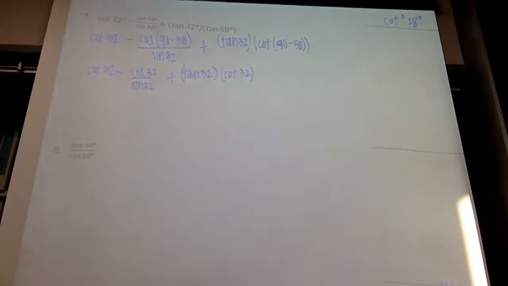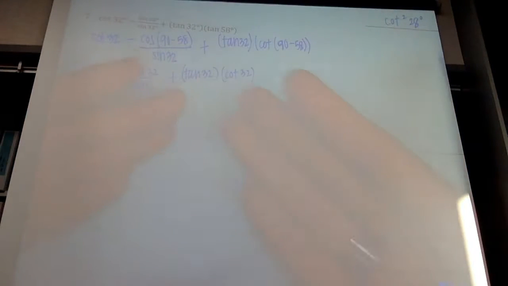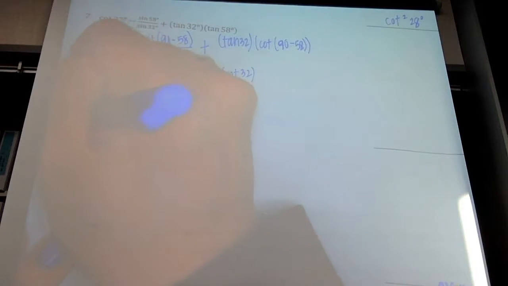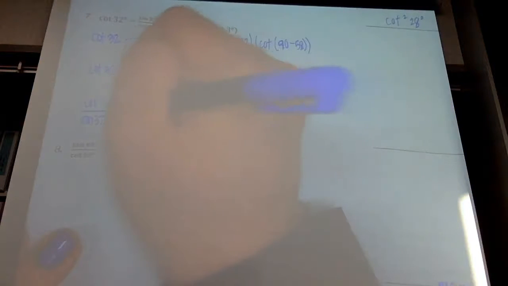Okay, so at this point, there's a few things you can do. I mean, we can always change all of my cotangents to cosine and sine and tangent to sine and cosine. So why don't we do that? So cotangent is cosine of 32 all over sine of 32. This is already in cosine and sine, so we don't have to do anything there.